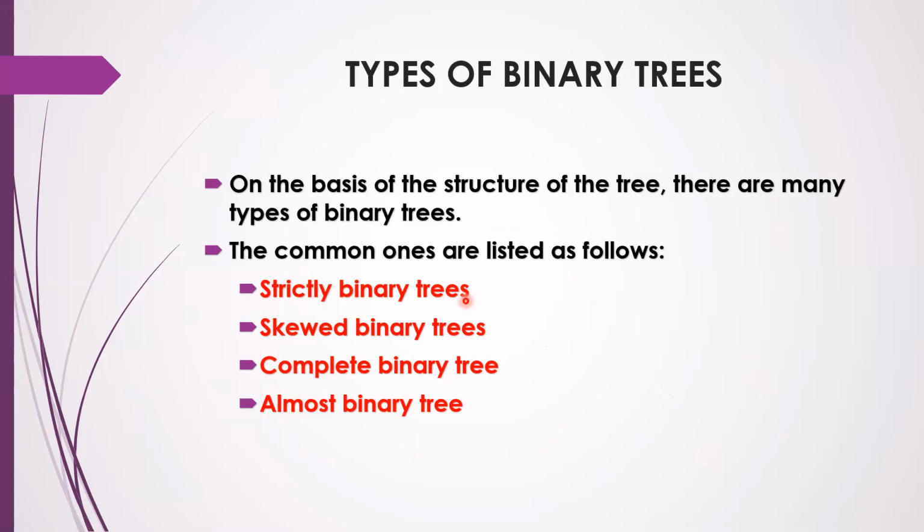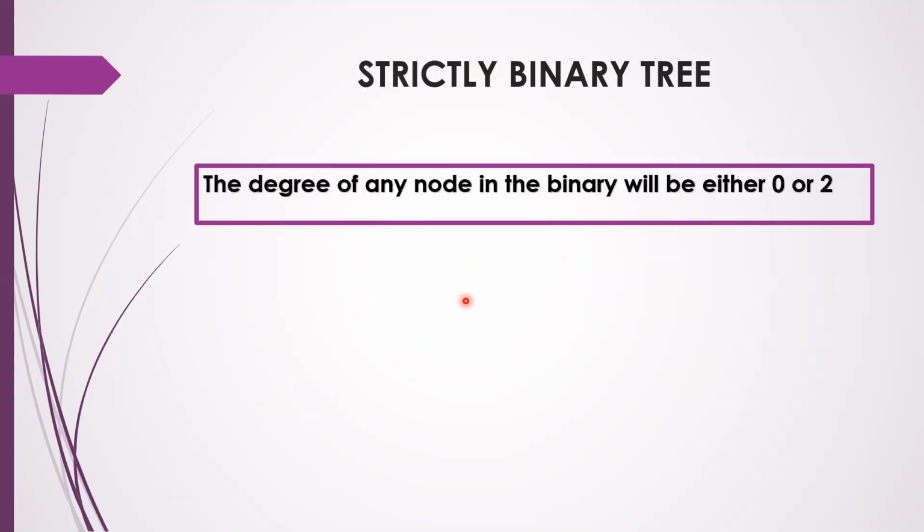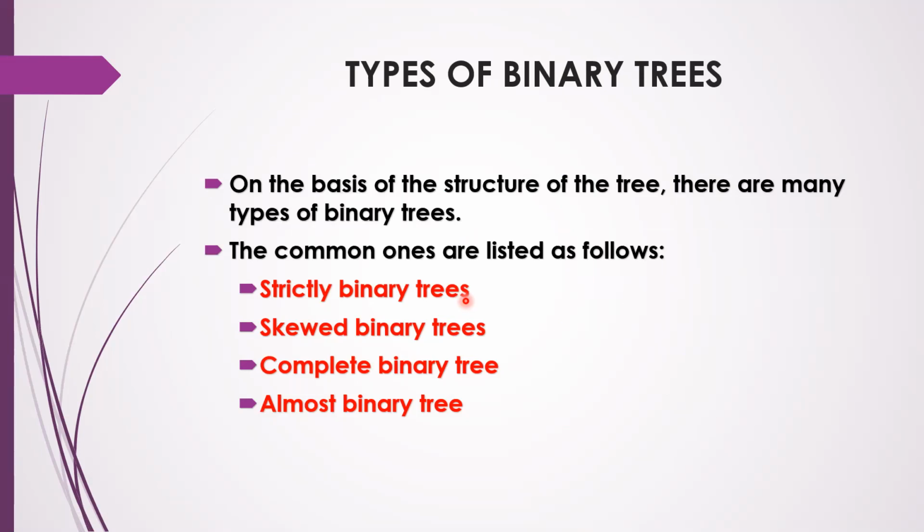It's called a strictly binary tree because it has to follow the rule of the binary tree: either the node should have 0 children or the node should have 2 children, right? So the degree of any node in the tree will be either 0 or 2. That is what is called a strictly binary tree.